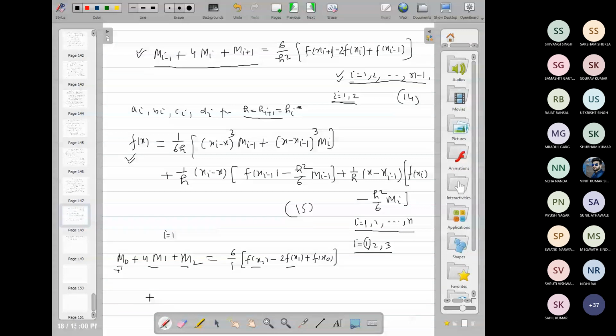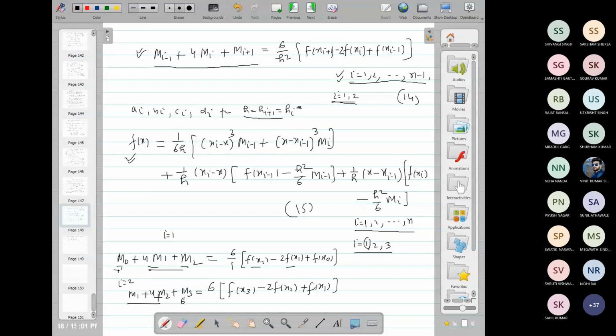Similarly, for i equal to 2, we obtain m1 plus 4 m2 plus m3 is equal to 6 times f(x3) minus 2 f(x2) plus f(x1). Substituting the value here, m3 is given as 0. So we obtain two equations in m1 and m2.